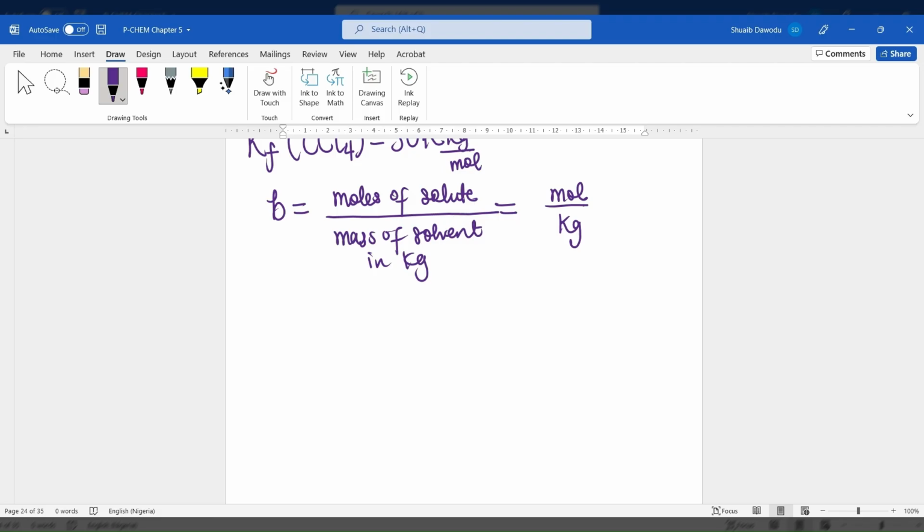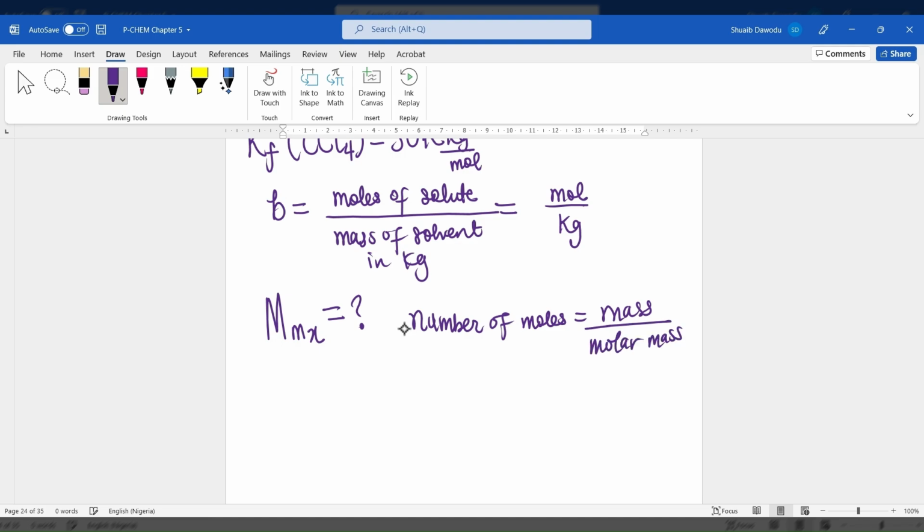Molality is moles of solute divided by mass of solvent in kilograms. Remember, what we're actually asked to solve is the molar mass of the solute, so the molar mass of X, that's what we're told to solve. But we know that the number of moles is equal to mass over molar mass.